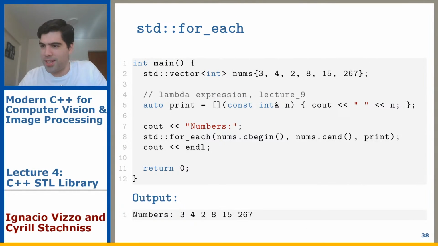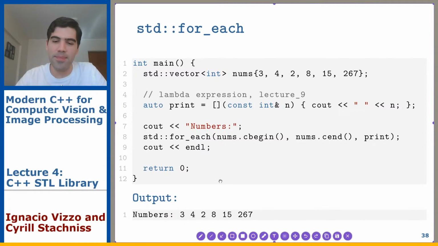For each, I lost count of the examples. There's a small lambda expression here. This is basically a function, so don't worry. It will print whatever you provide to it. Let's say we want to print all the numbers in this array, and instead of doing a for loop, we want to do a for each. This is an algorithm.